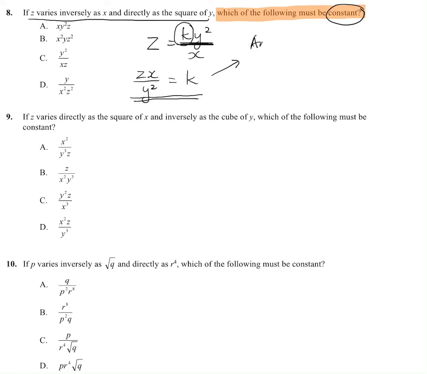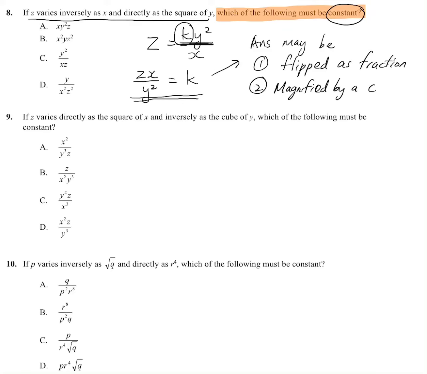The answer may not be seen directly. So the answer may be one flipped as a fraction, which means the denominator is the numerator or the numerator is the denominator, or it has been magnified by a certain power.